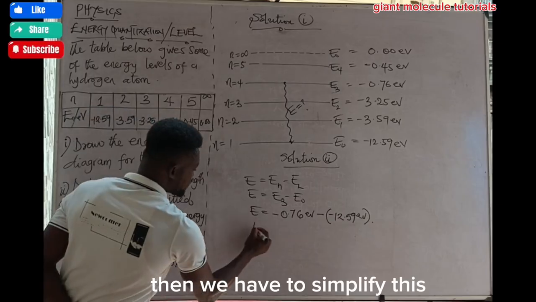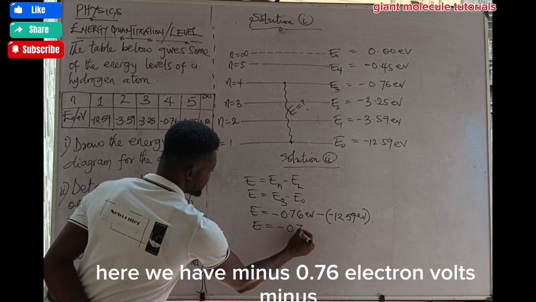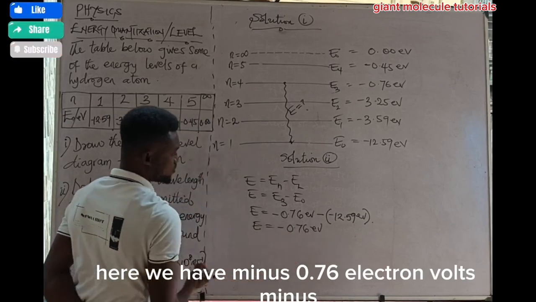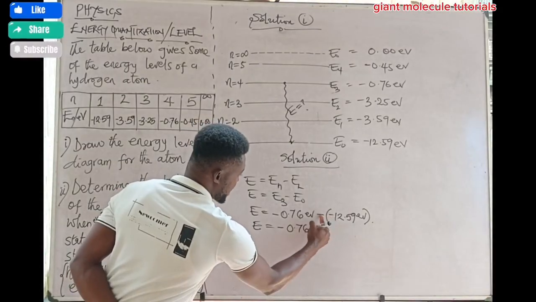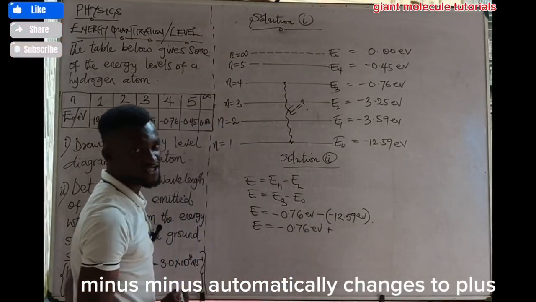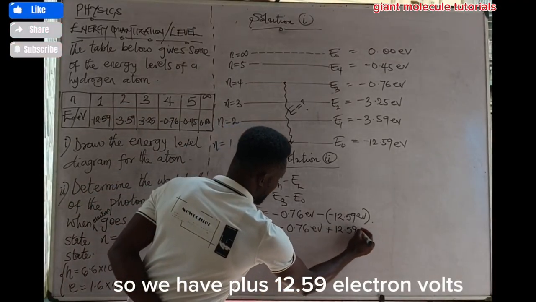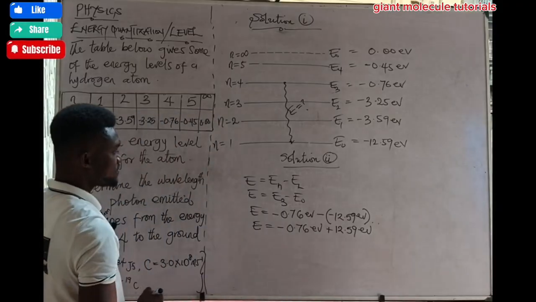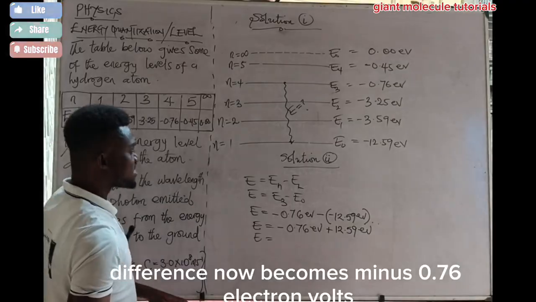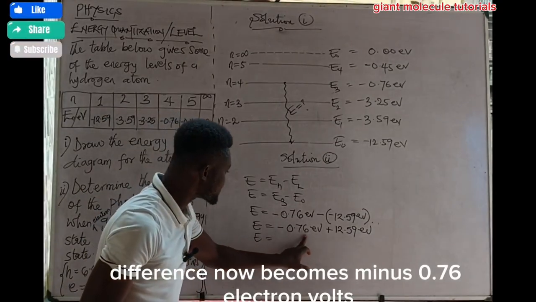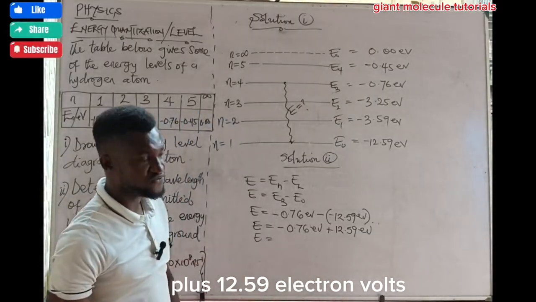Then we have to simplify this. Here we have minus 0.76 electron volts. Minus, we open this negative value. Minus minus automatically changes to plus. So we have plus 12.59 electron volts. So the energy difference becomes minus 0.76 electron volts plus 12.59 electron volts.